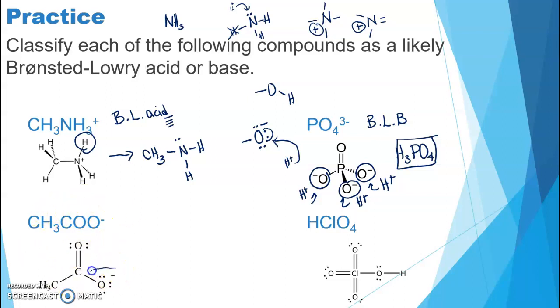We have the lone pairs on the oxygen with a negative. So that's one of those hints that we're likely to accept a proton. We could accept a proton right there and make a really stable chemical structure, that oxygen single bonded to something on this side and single bonded to hydrogen with 2 lone pairs. We see it in a lot of things, even water. So I would predict this is going to behave as a Bronsted-Lowry base.